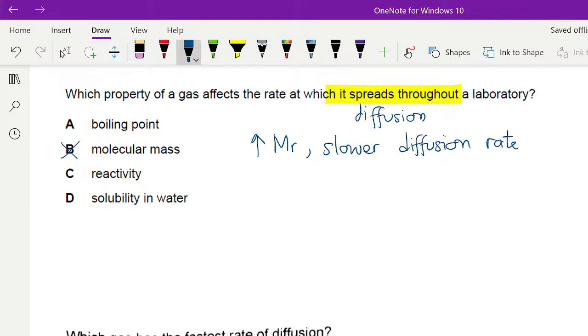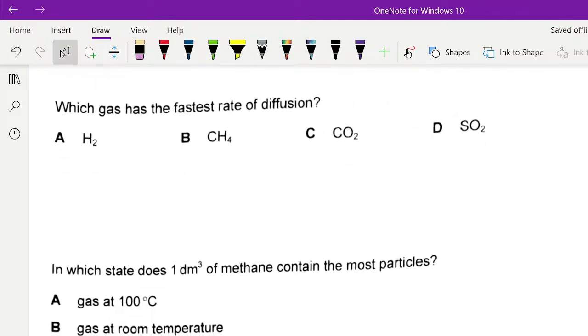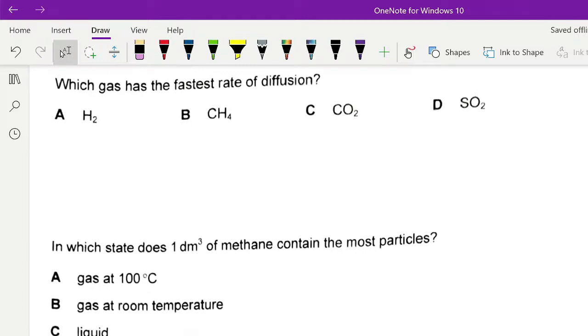So if they ask you which gas has the fastest rate of diffusion, you go to your periodic table and write down the molar mass of each of these substances. The fastest rate means the lightest substance, which in this case is hydrogen. The slowest will be sulfur dioxide.